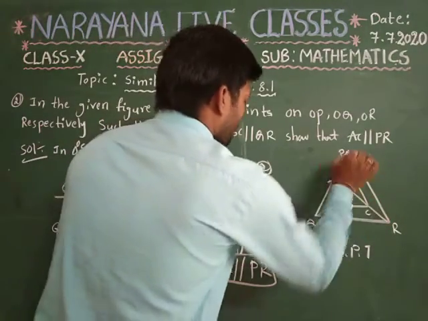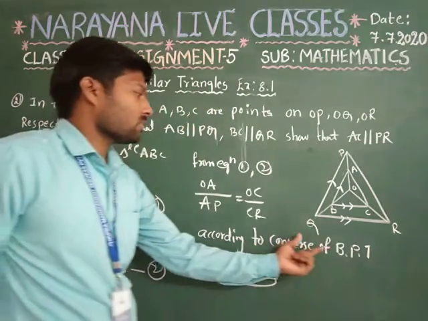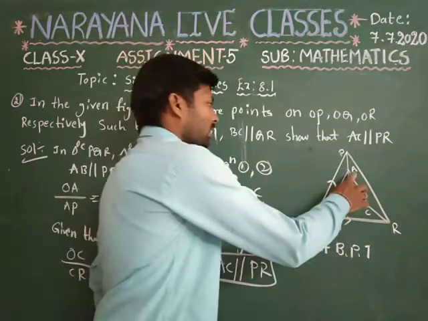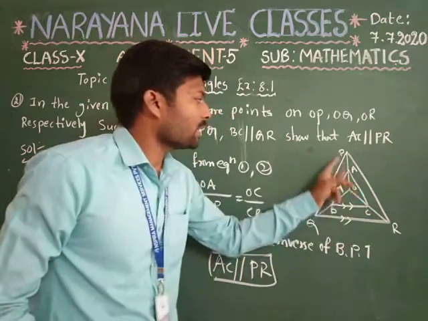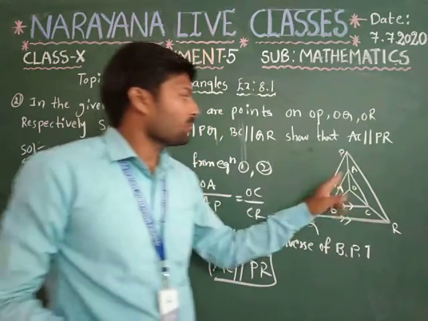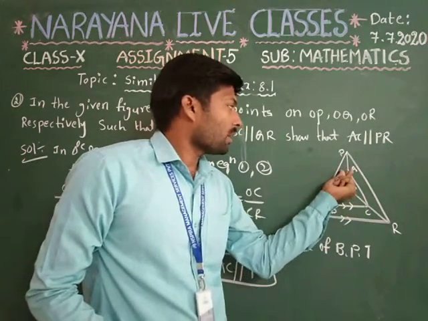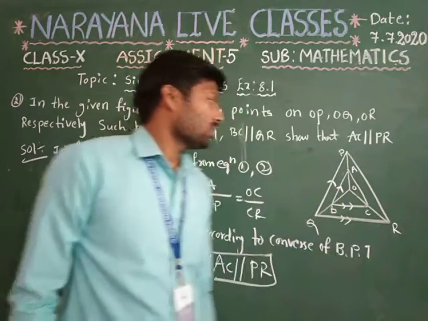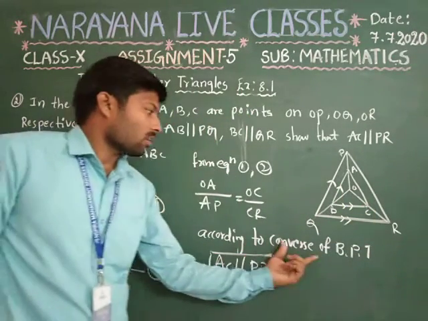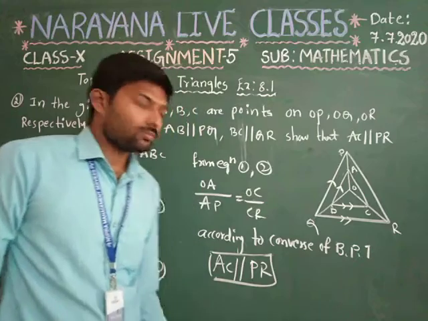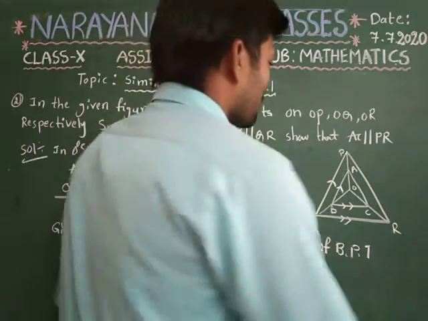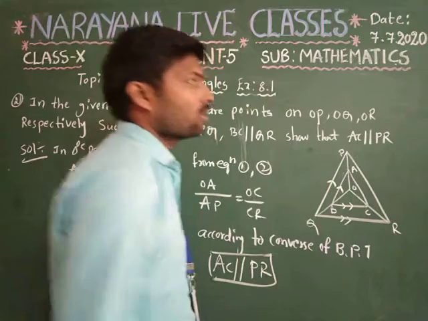Likewise, according to the converse of the basic proportionality theorem, the line AC divides the remaining two sides in the same ratio, that is OA by AP is equal to OC by CR, so AC is parallel to PR.